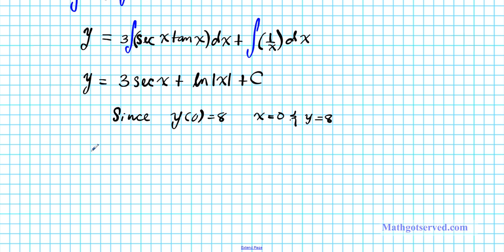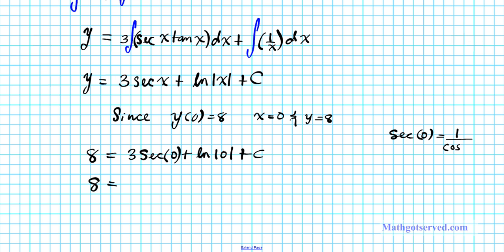So we're going to have 8 equals 3 secant 0 plus the natural logarithm of the absolute value of 0 plus c. Okay? Secant 0 is the same thing as 1 over cosine 0, and we know that cosine 0 is 1.